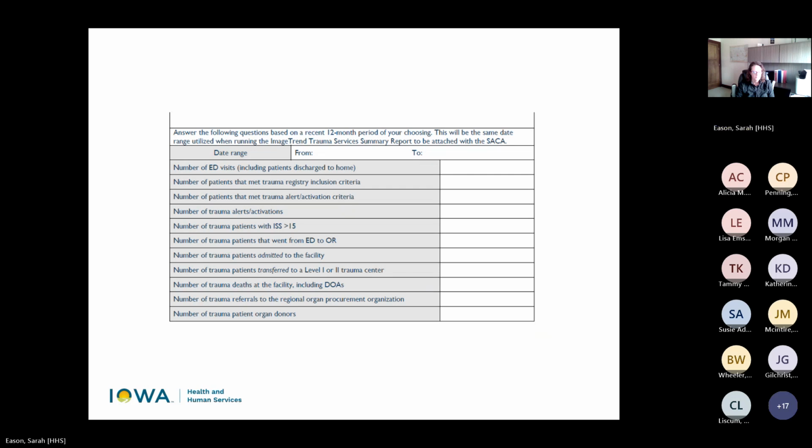The data dictionary tells you exactly how to put the patients into the registry. It goes through each data point in the patient registry. If you don't know what the data dictionary is, never heard of it, you're probably not putting the patients correctly in.